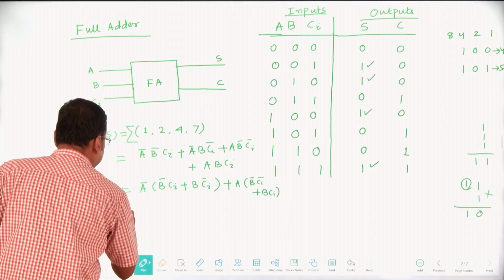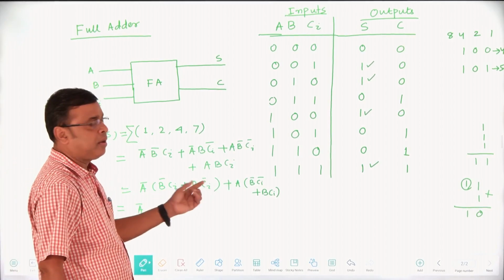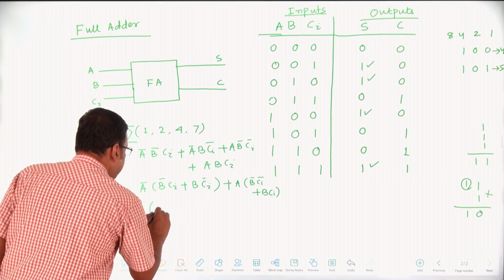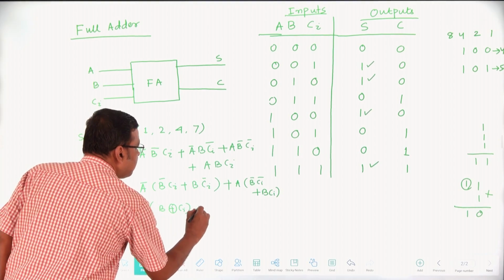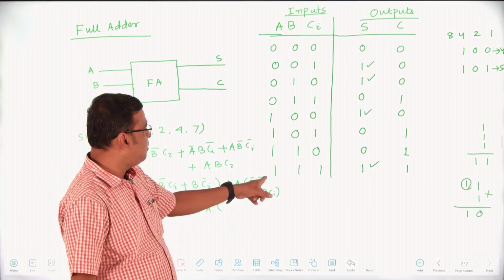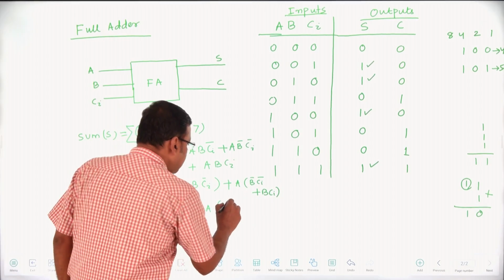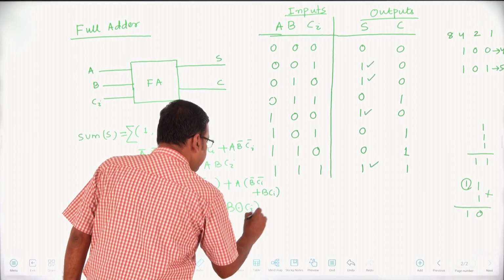So this is A bar into B bar Ci plus B Ci bar, which is nothing but B XOR Ci. Plus A into B bar Ci bar plus B Ci, which is nothing but B XNOR Ci.